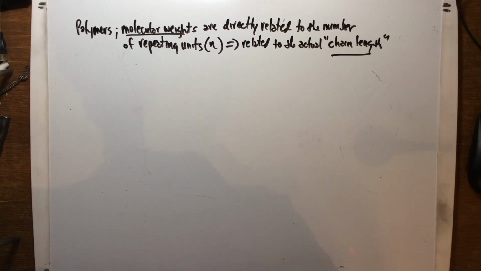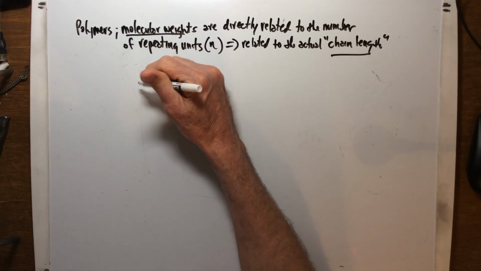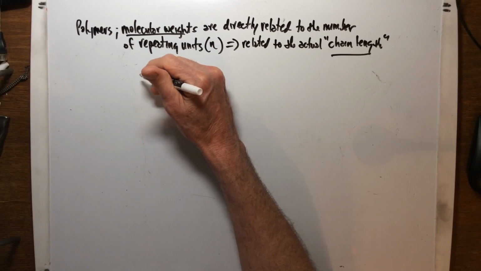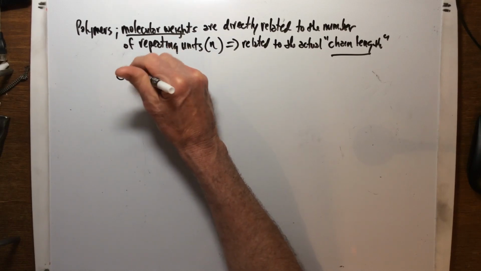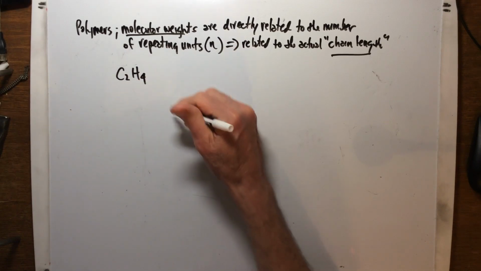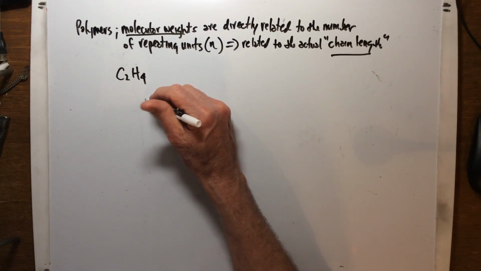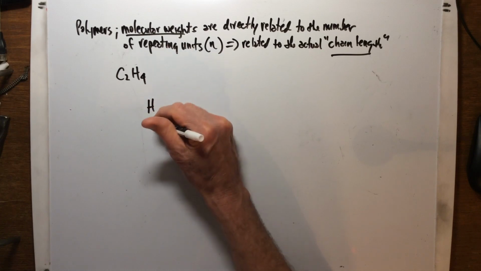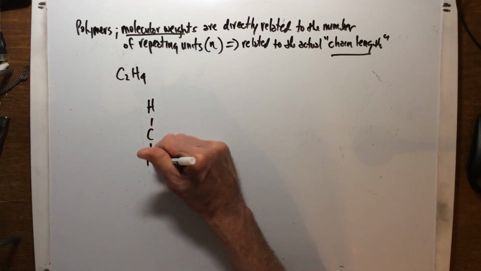All right, now let's look at how this works. For instance, if we go back to the C2H4, okay, well, let's just go ahead and draw this in its monomer form here.